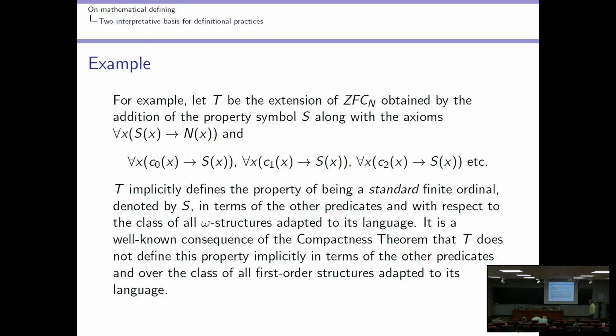But we have more implicit definitions in the omega logic setting, and so we can have some definitions which are not explicitly definable in the previous sense anymore. So this S turns out to be also explicitly defined because it is just equivalent to N.